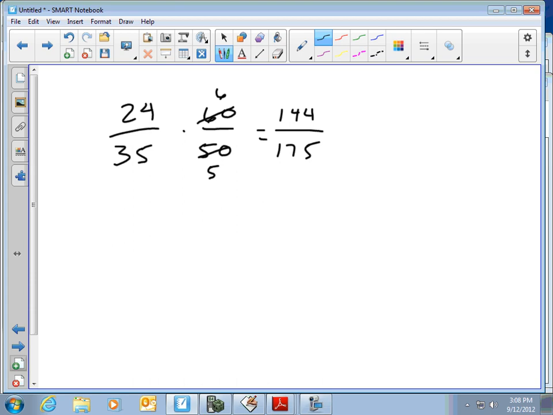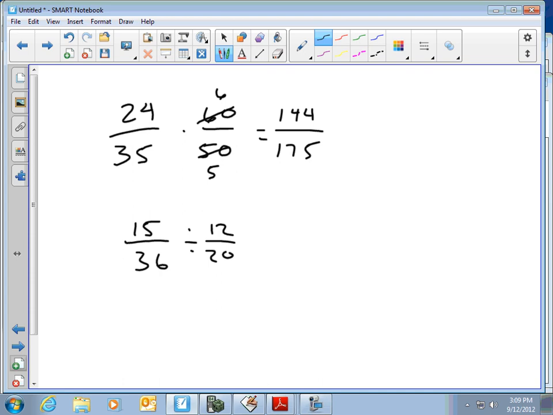Okay? Next thing. Dividing. When I divide, I cannot cross simplify until after I switch it to multiplication. Remember the rules for division.